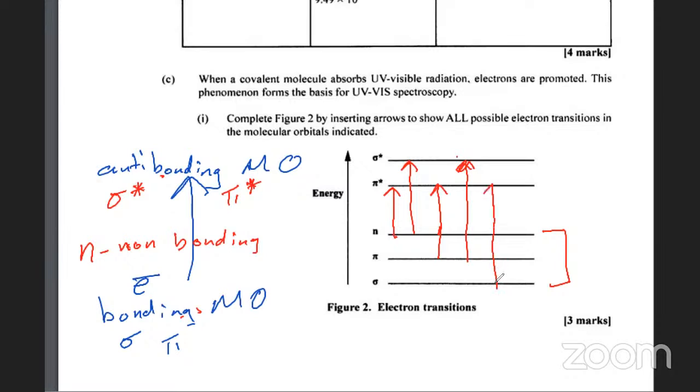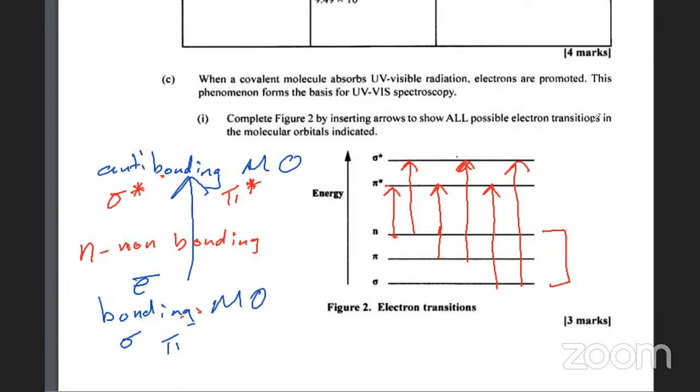And then from sigma to anti-pi and anti-sigma. So there are 6 transitions, 2 from each: non-bonding to anti-pi and anti-sigma, pi to anti-pi and anti-sigma, and sigma to anti-pi and anti-sigma. Those are the 6 of them.